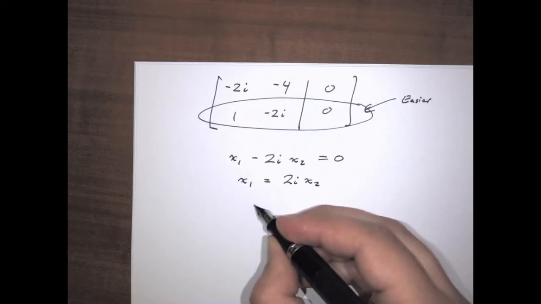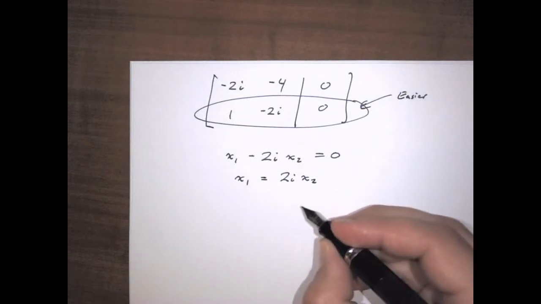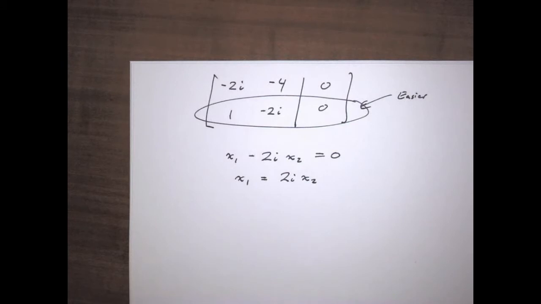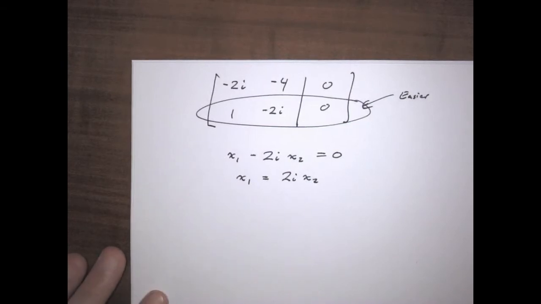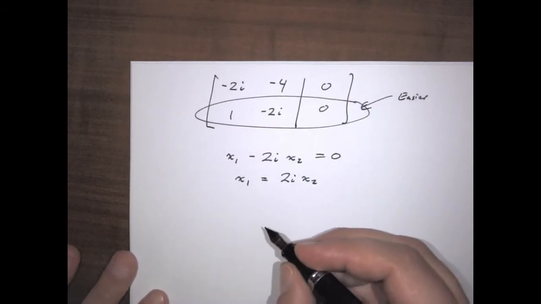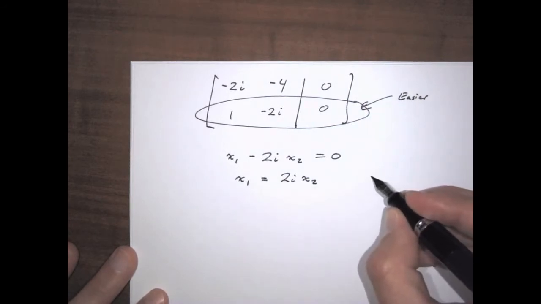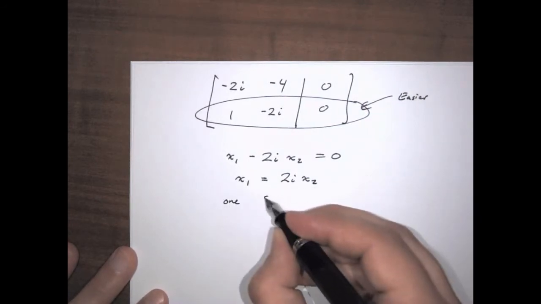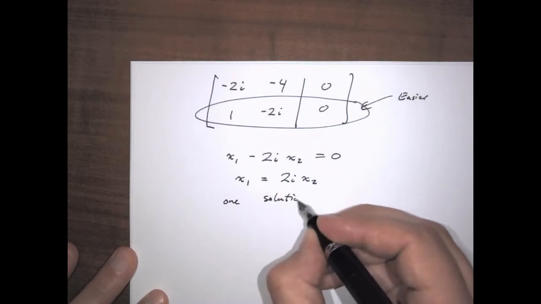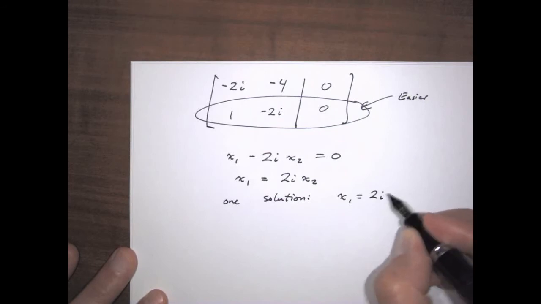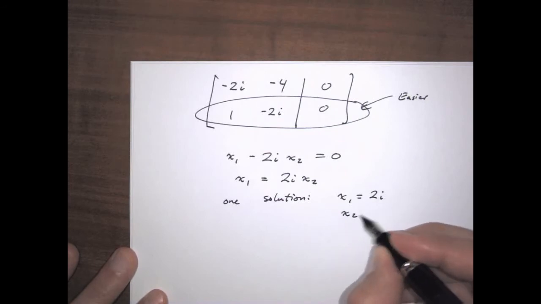So any solution is what we're looking for here. And in particular, you can just set x2 equal to the easiest thing you can think of, say a 1, and then x1 will follow from that. So one solution will be x1 equals 2i, and x2 equals 1.